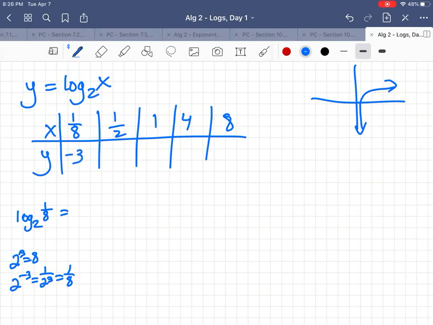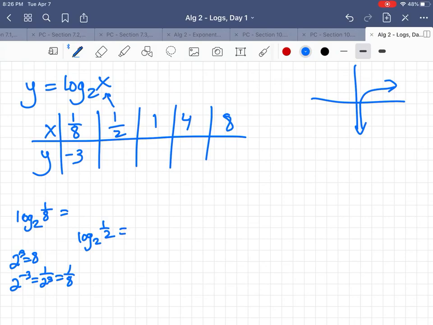All right. Then 1/2. So remember, my problem is going like this. 2 to what power equals what's sitting right there. And so the x values that I'm being given go right in here. So I have log base 2 of 1/2. So 2 to what power makes 1/2?